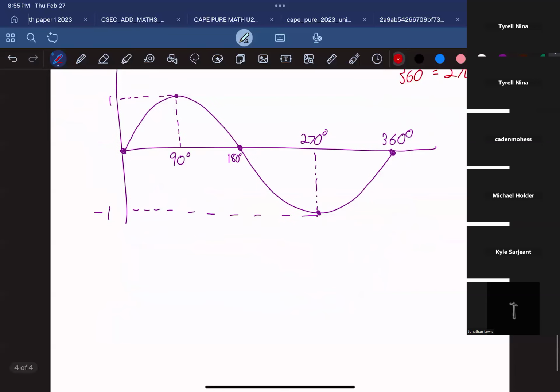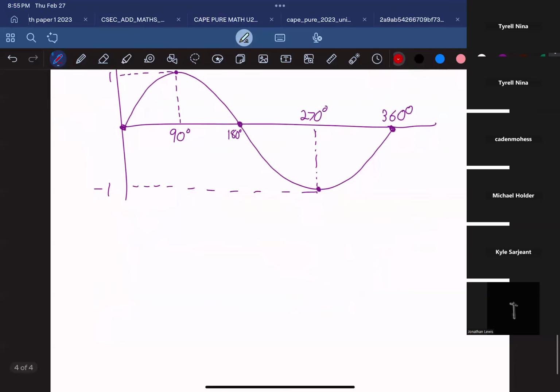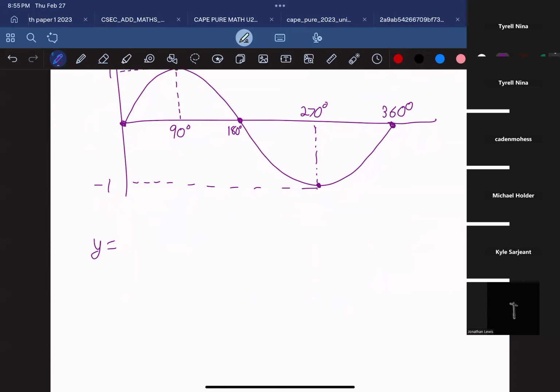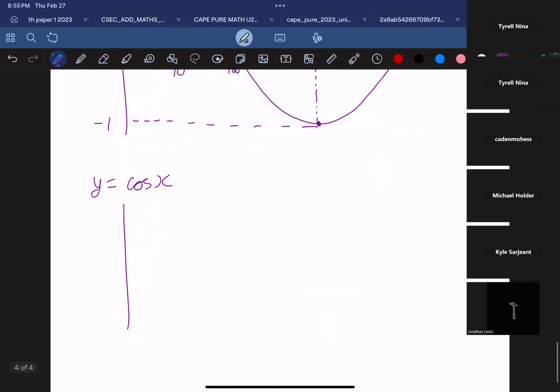Y equals cos x looks something like this. I know I'm moving a bit fast, but that's because y'all will also have time to look at it in the video as well.